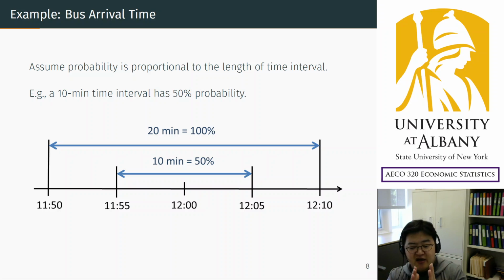And length is exactly a measure of uncountable measurement. A line is not countable. A line is composed of infinitely many dots. If you put a lot of dots and connect them, then it will make a line.